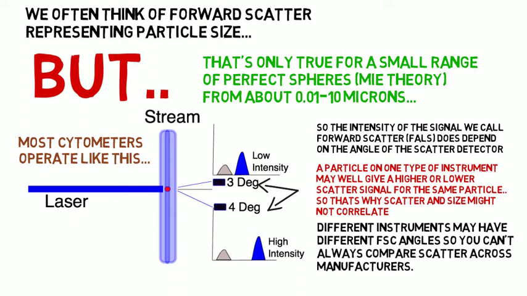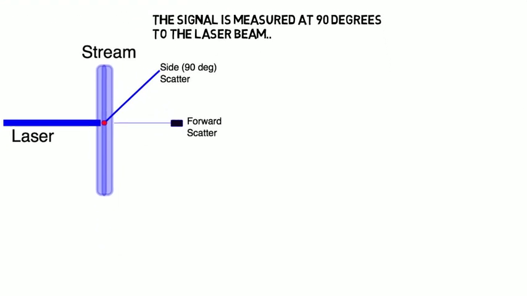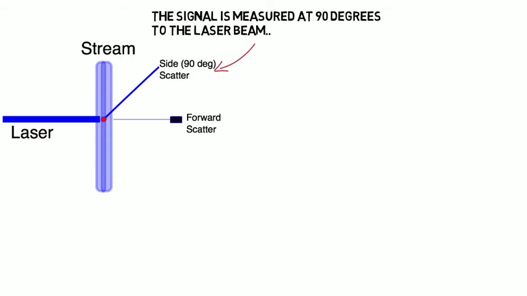Let's talk about side scatter for a while. We've seen several names for side scatter. One is orthogonal scatter, another 90-degree light scatter, and sometimes people even speak about wide angle scatter. Now, if we follow this diagram, which is similar to the earlier one, you see that the light measured for side scatter is going in the same pathway as fluorescence, which is at 90-degree angle from the laser beam.